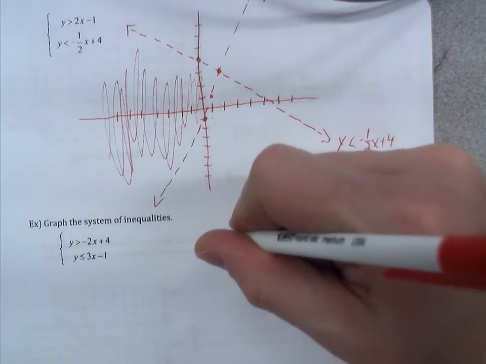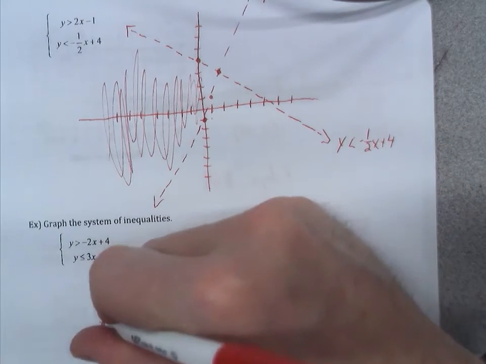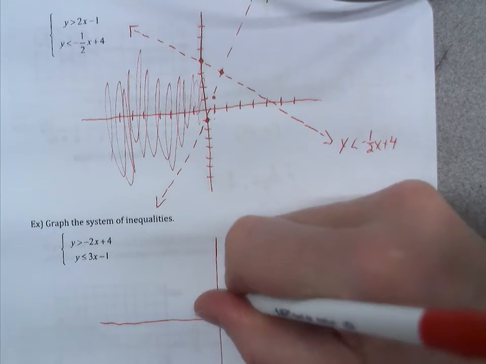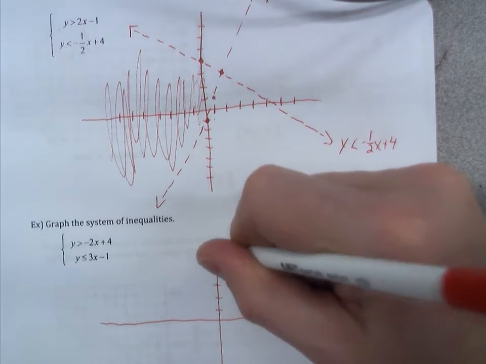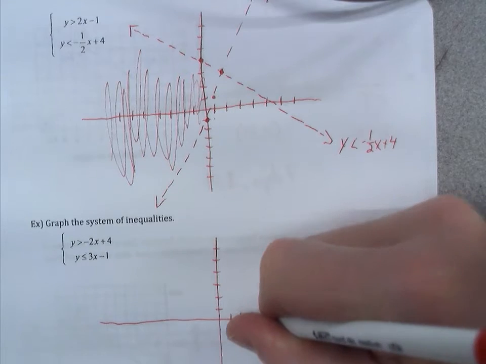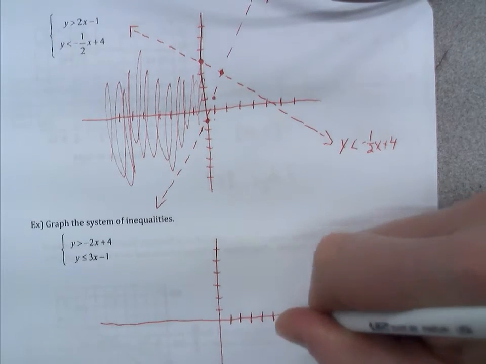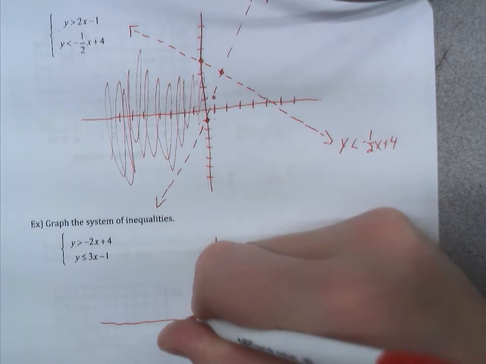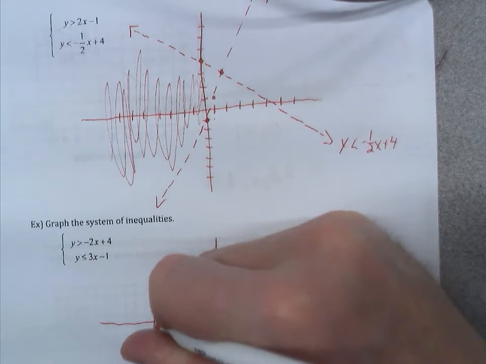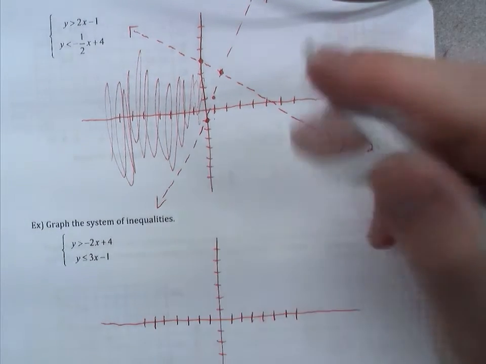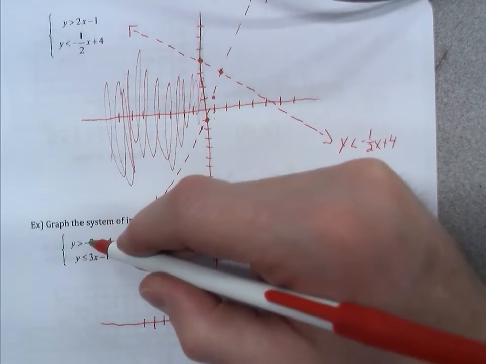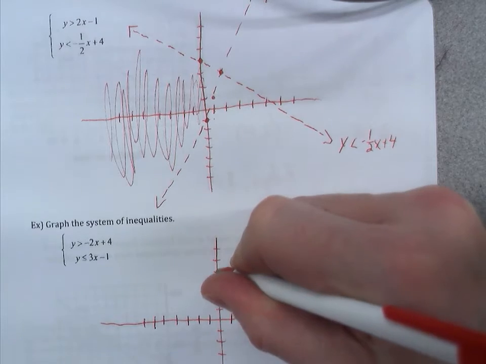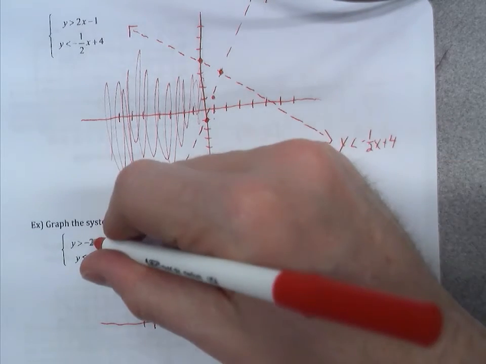Again, we'll set up a fast system here. Just do some quick graphing. This doesn't have to be super exact for these fairly simple inequalities. So we have y is greater than negative 2x plus 4. Again, 1, 2, 3, 4. We know that is a point with a negative 2x.